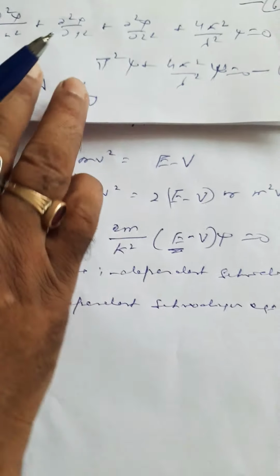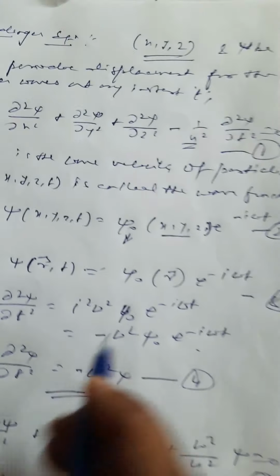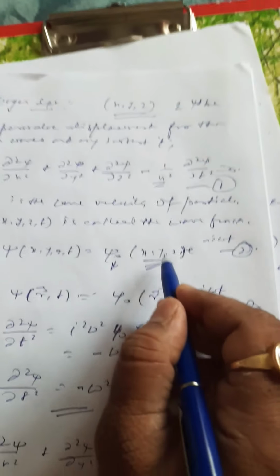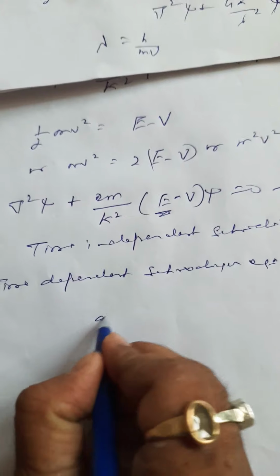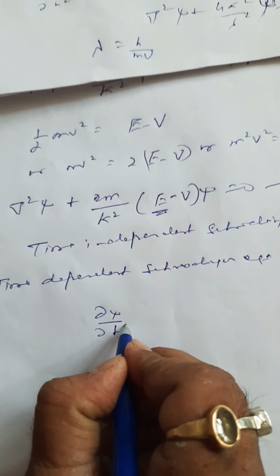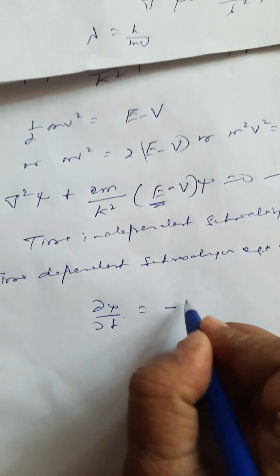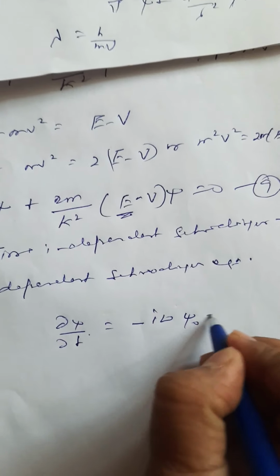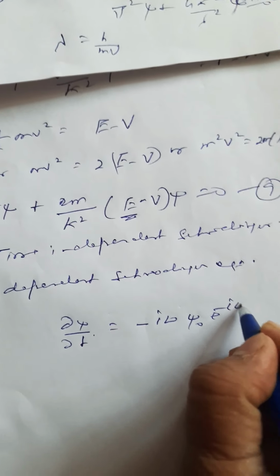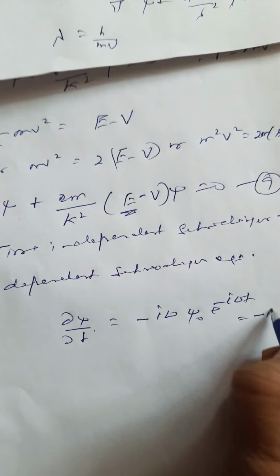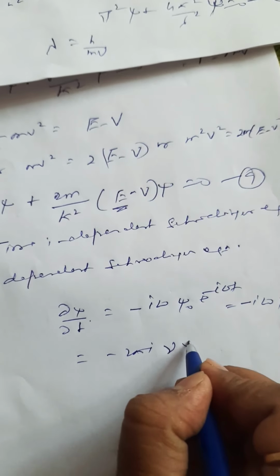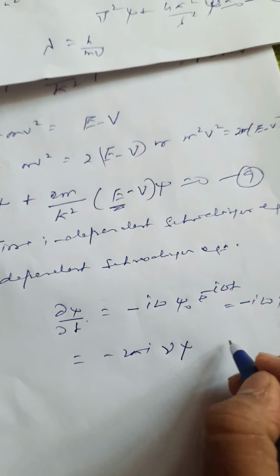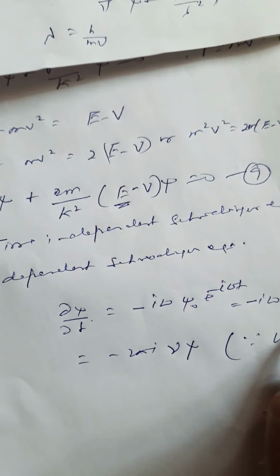We have earlier derived equation number 2, which we have done earlier. We'll differentiate this with respect to time. So we'll have del psi by del t equal to minus i omega psi naught e to the power minus i omega t, equal to minus i omega psi. So we'll have minus 2 pi i nu into psi, since omega is equal to 2 pi nu.